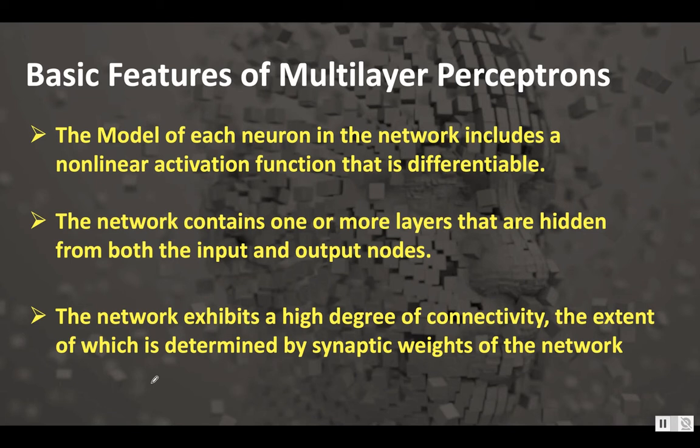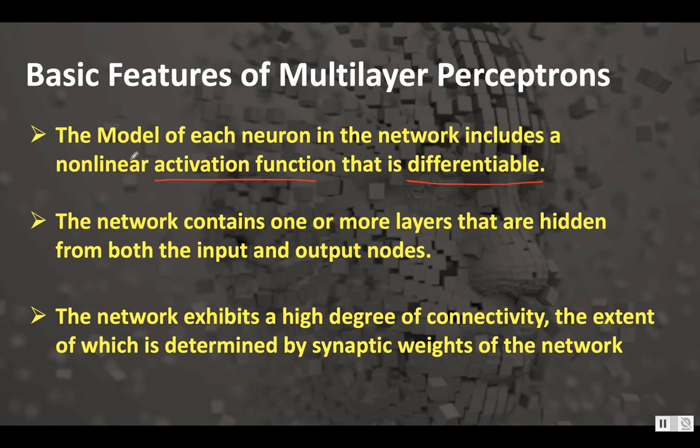The basic features of a multi-layer perceptron include the following. The first is that the model of each neuron in the network includes a nonlinear activation function that is differentiable.